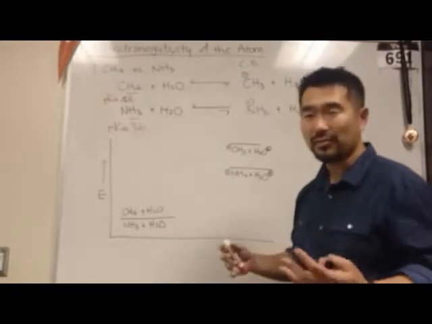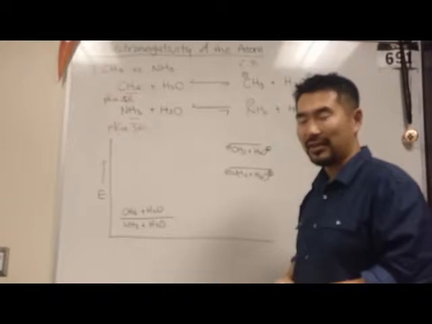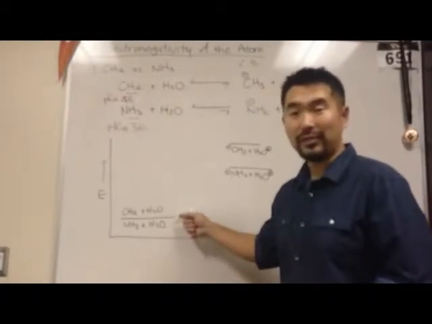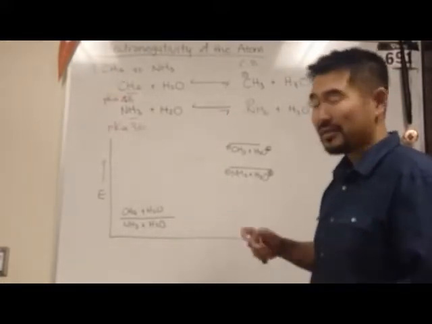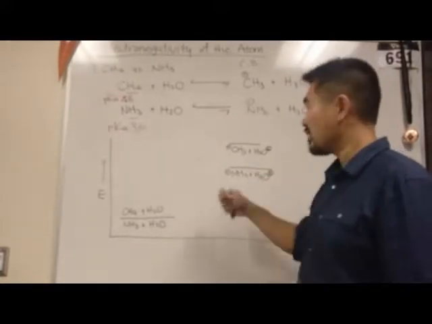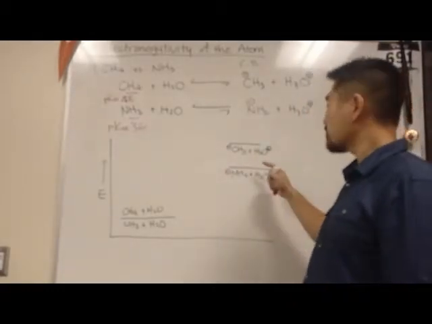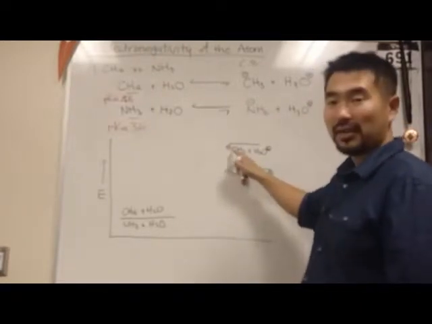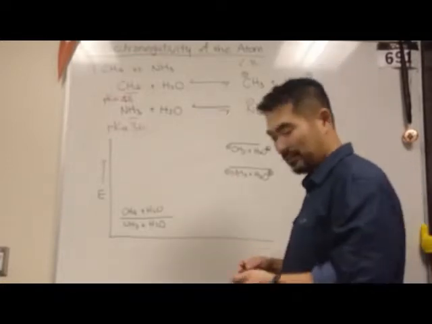When things are neutral, they're usually fairly stable, so they're usually pretty low energy species, roughly about the same energy levels. But there's a difference in these charged species. The hydronium ion is the same in both pairs of products, but the carbon is not as able to stabilize the negative charge as much as nitrogen can. So this is the lower energy reaction.